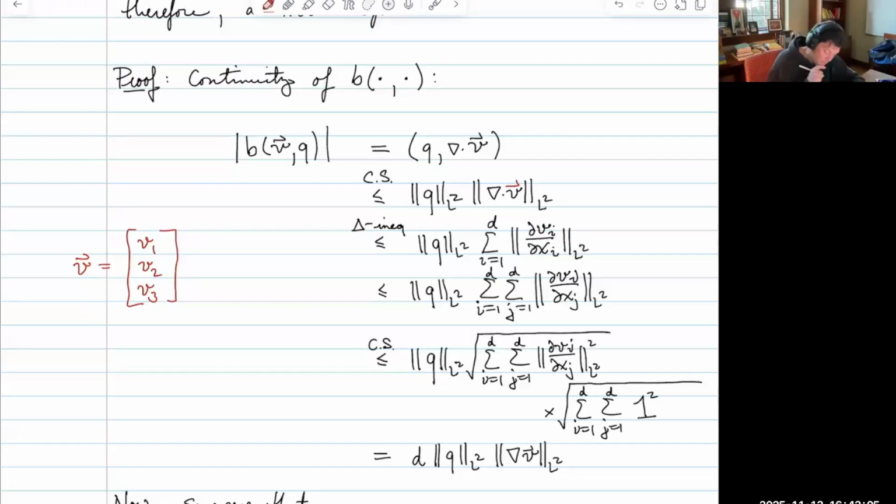Well, now I've got a bunch of components to my derivative, and I'm going to represent that this way: dvi dxj, i and j equals 1 to 3. I get a matrix of derivatives.